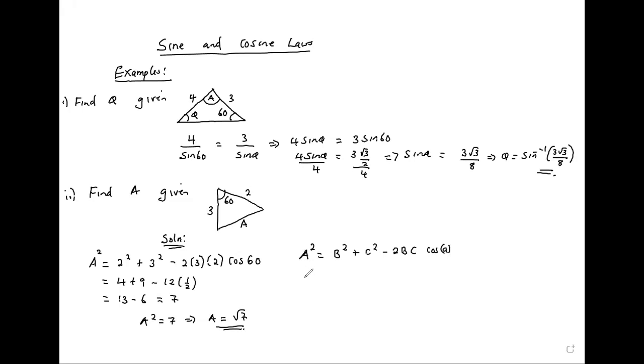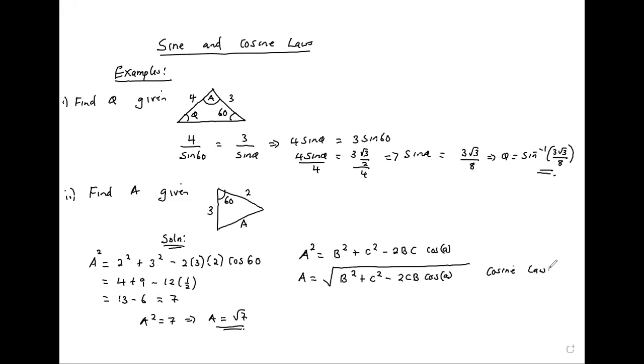So a is the square root of this. This is what we call the cosine law.